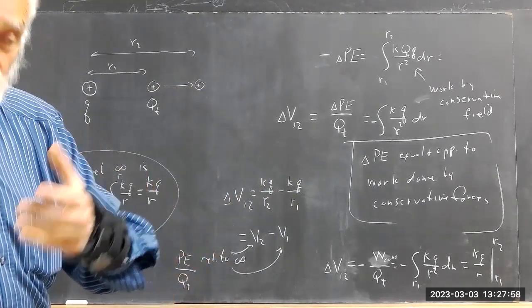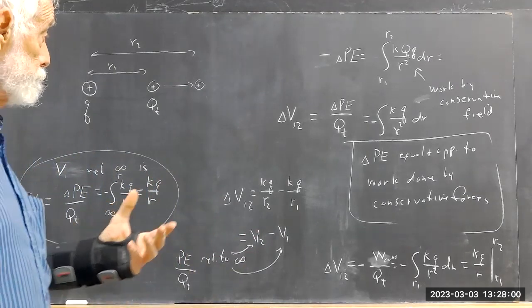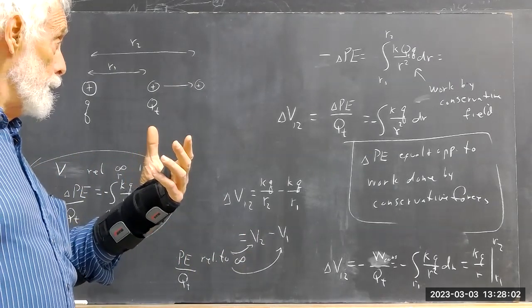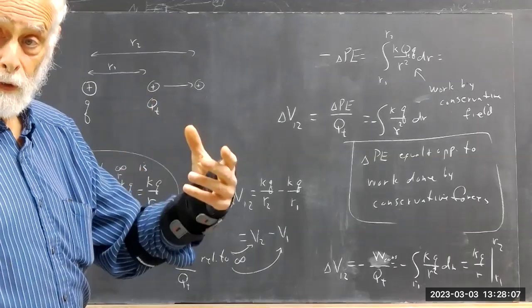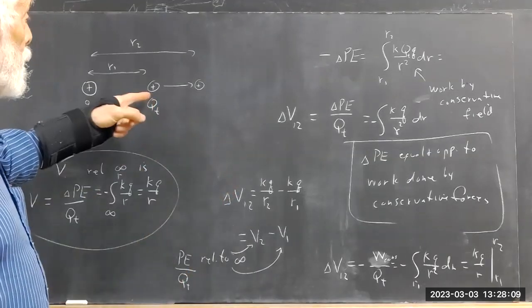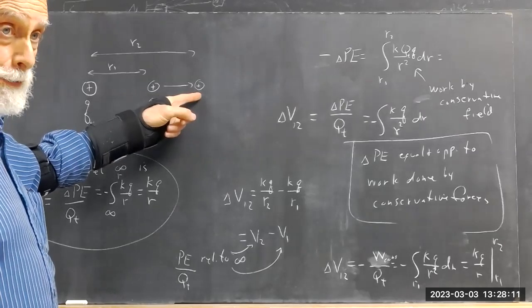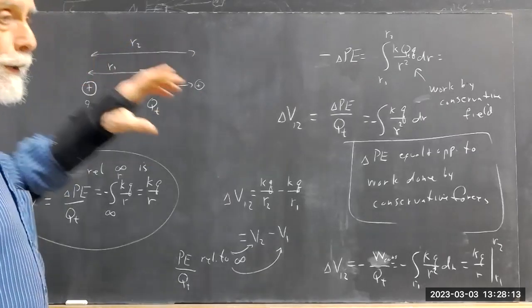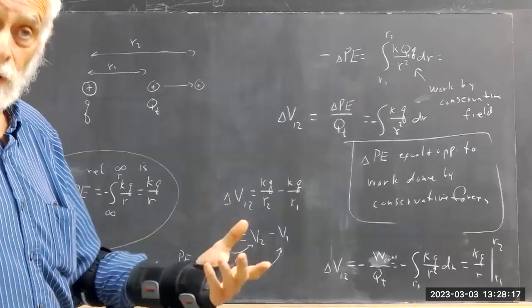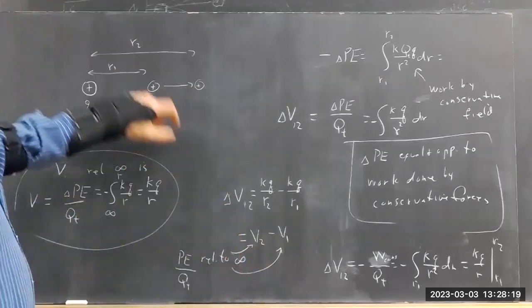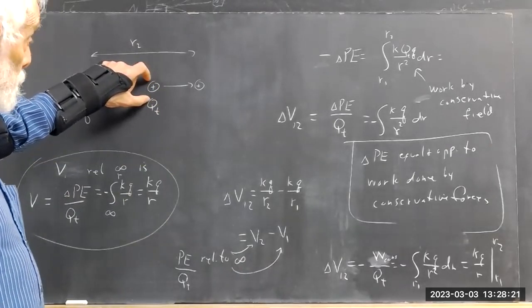If we have intuition about potential and kinetic energy changes, we realize that an increase in kinetic energy, in a situation where all the forces are conservative, goes along with a decrease in potential energy. We've got potential energy here due to its position.